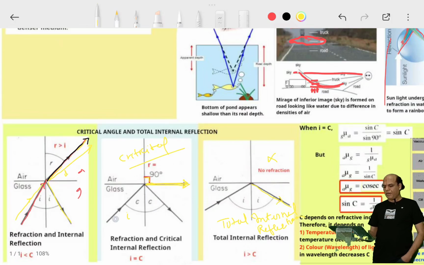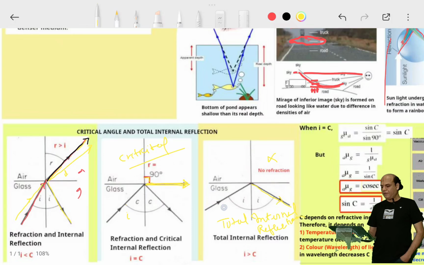At a certain value of incidence, the angle of refraction makes 90 degrees with the normal at the point of incidence, moving along the boundary of the media. This angle of incidence is called critical angle. At critical angle, a portion of light is also reflected.